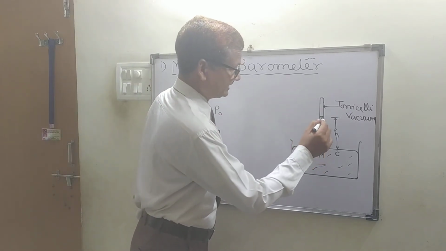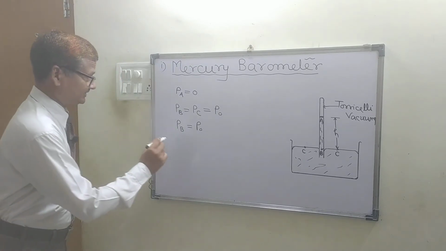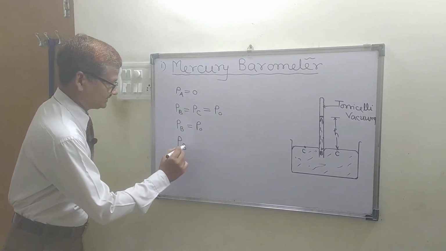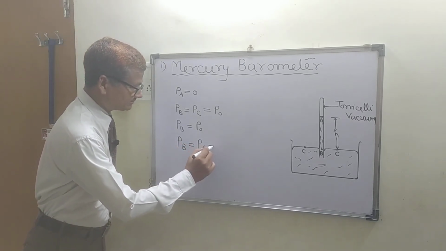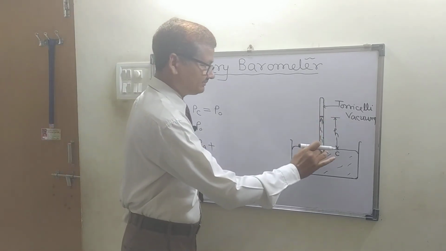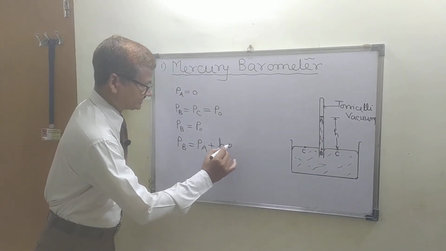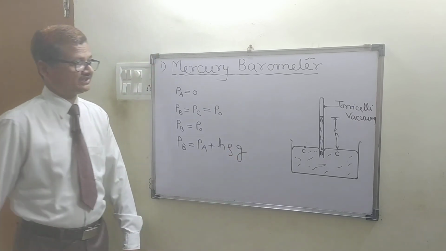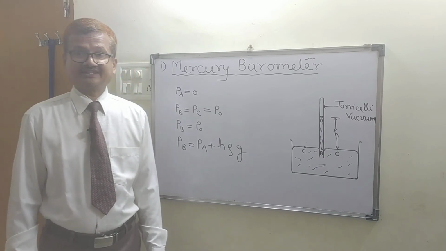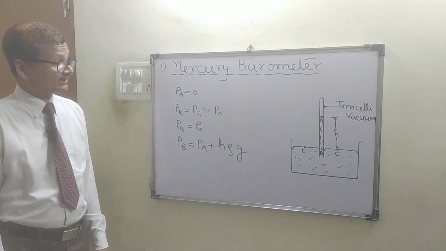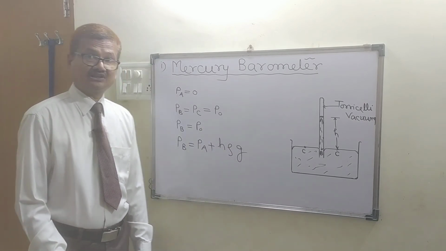Then pressure at B, PB, is equal to pressure at A plus h rho g, where h is the height, rho is the density of mercury and g is the acceleration due to gravity.